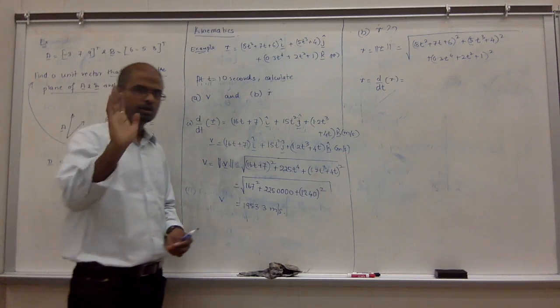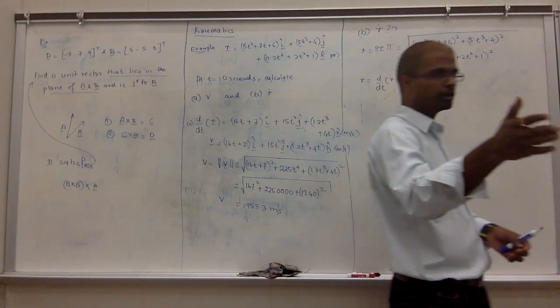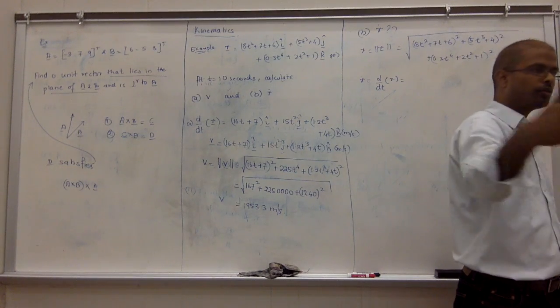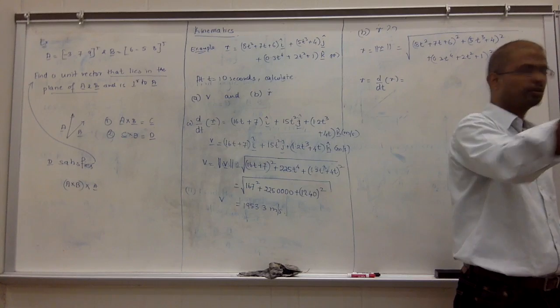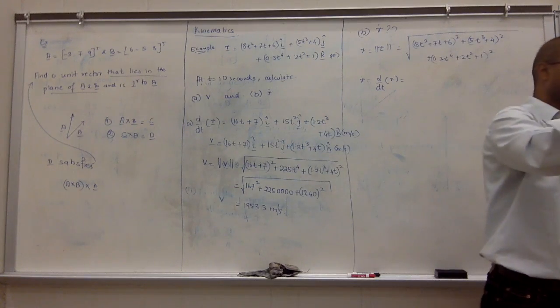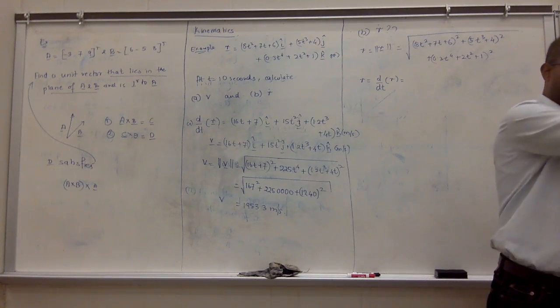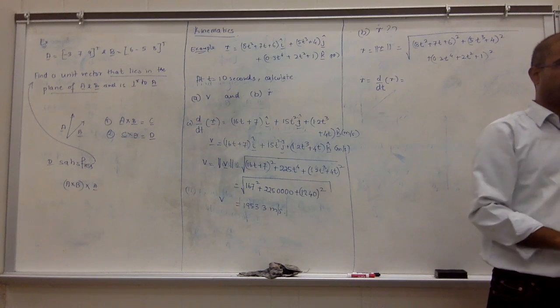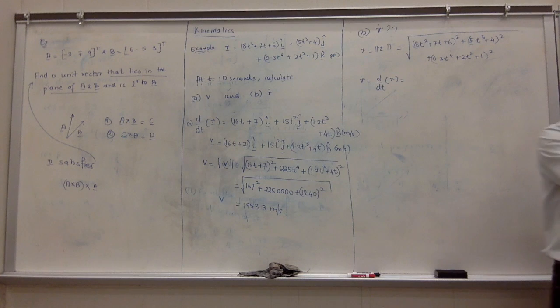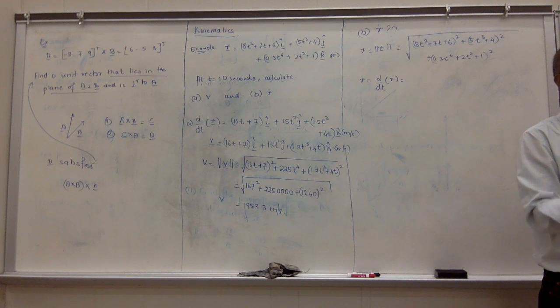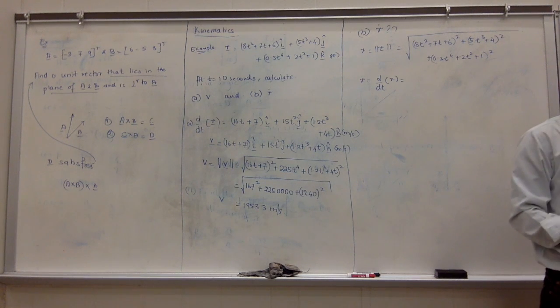Your position is here and your velocity is in this direction. Here you're changing both the direction and the magnitude, like taking a right or left turn. With R dot, the direction is the same; you're just speeding more or less in that direction. The direction is not changing.